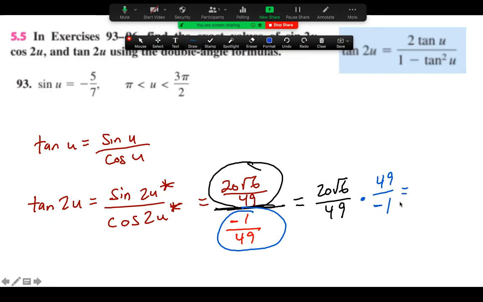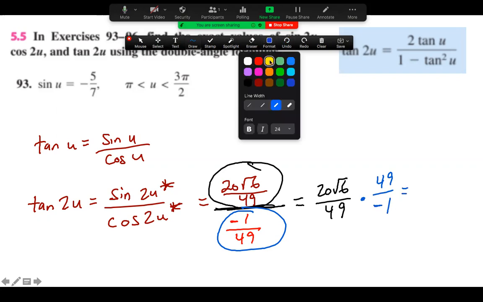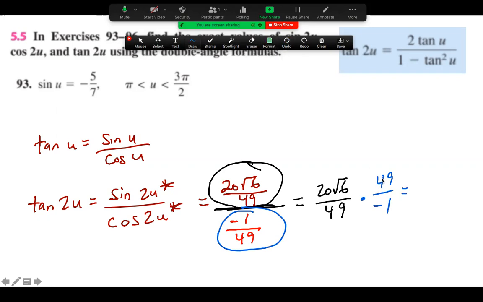Now, this is terrific because we have a 49 in the numerator and a 49 in the denominator. Those cancel. So now I literally have 20√6 divided by negative 1, which is a negative 20√6. So that is the answer to tangent of twice the angle.